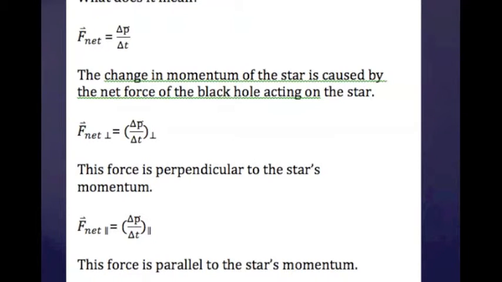The net force is the sum of its perpendicular component and its parallel component. Therefore we can assume that the change in momentum over time that's making it change direction is the same as the net force in the perpendicular direction, and the change in momentum over time that is parallel to the tangential momentum vector is the same as the net force in the parallel direction.